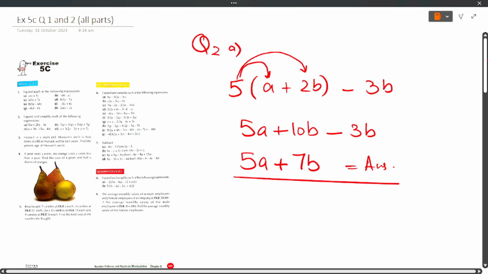Now I'm doing question 2, part D. Yes, part D is x plus 3 into 2x minus 3y plus z, and plus 7z.